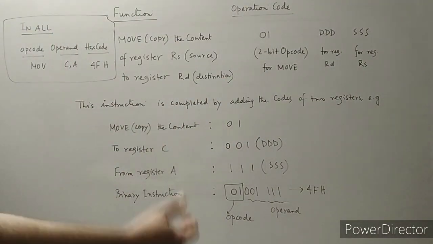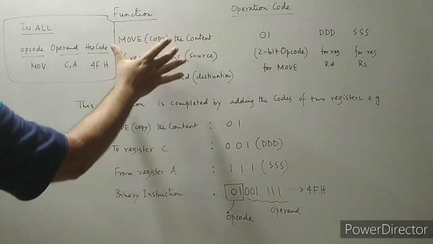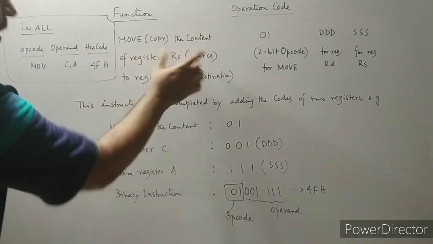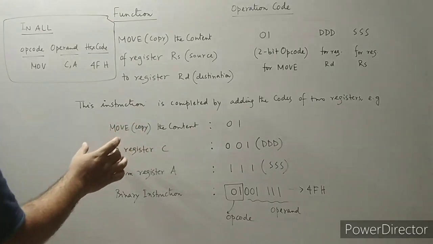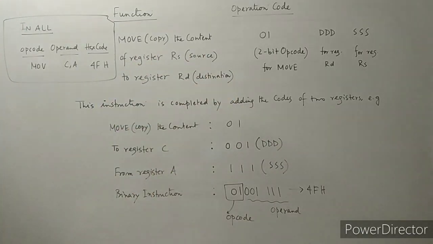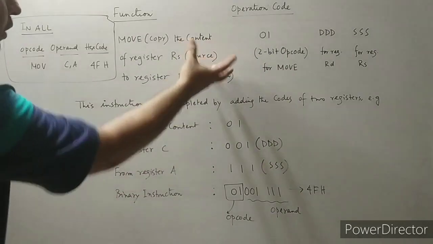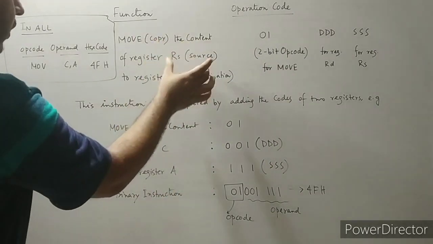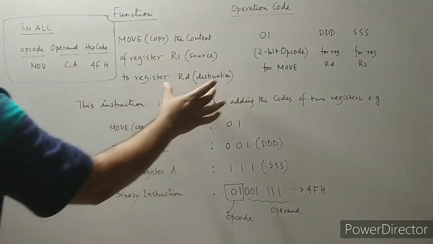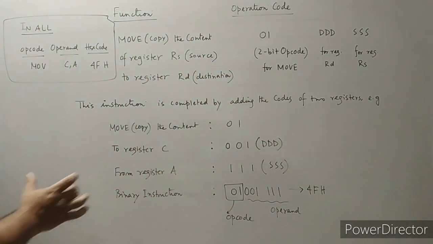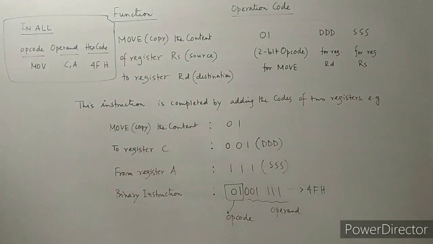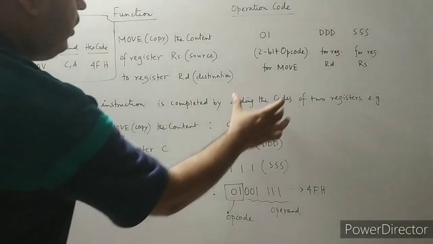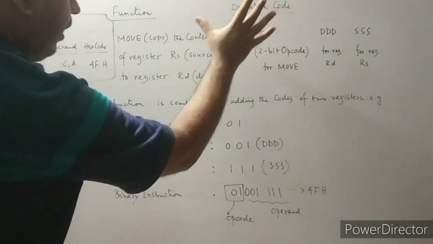So for this function, move the content of register RS, the source, to register RD, the destination, for example from B to A, or from C to A. So it will be the 2-bit opcode 01.